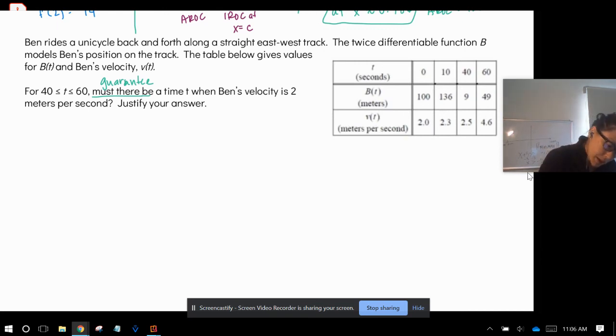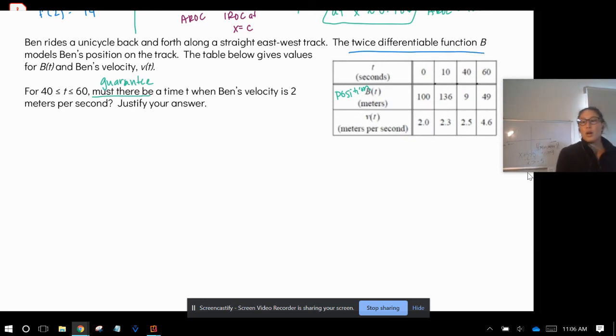So b of t is the position function, v of t is the velocity function. So we are really going to use mean value theorem here. Okay. It also says the reason why we know we can use mean value theorem is that it says that the function is twice differentiable.